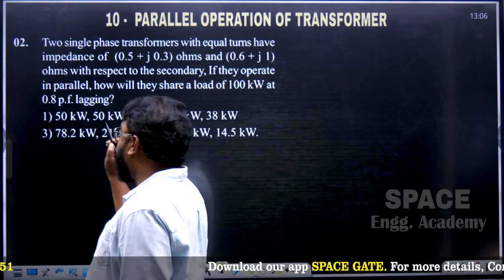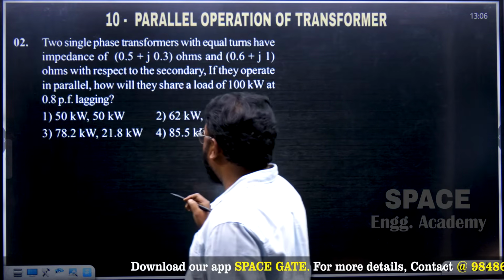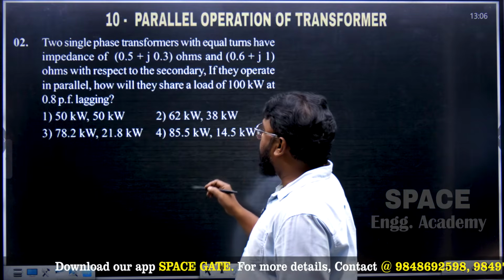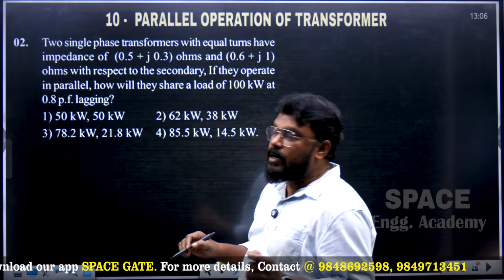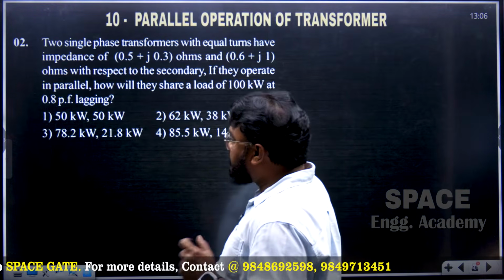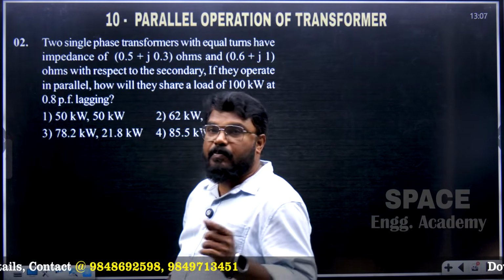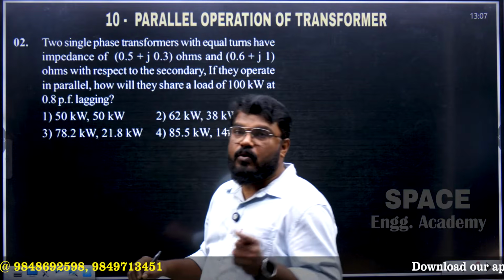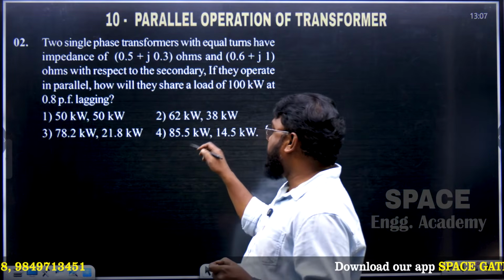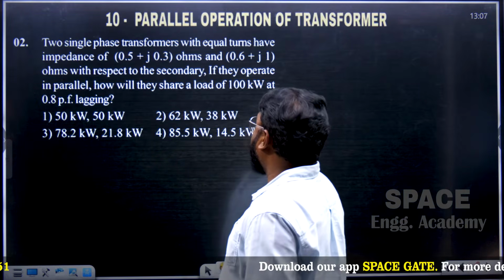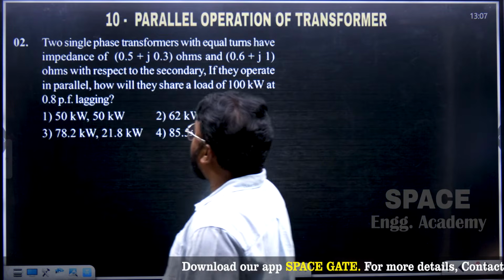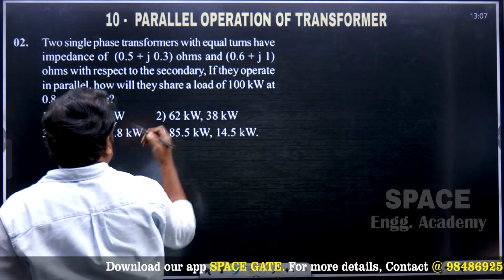Option 1: 50 kilowatts, 50 kilowatts. Option 2: 62 kilowatts, 38 kilowatts. Option 3: 78.2 kilowatts, 21.8 kilowatts. Option 4: 85.5 kilowatts, 14.5 kilowatts.